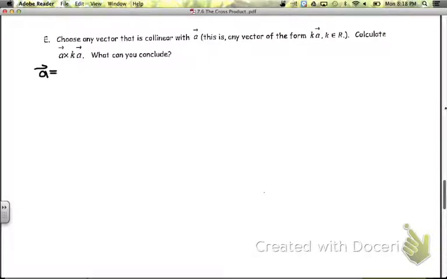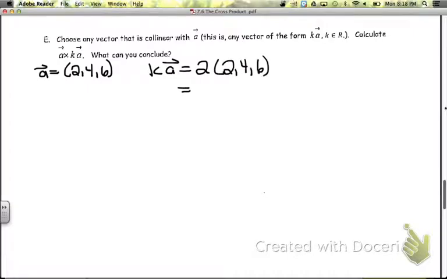So remember, our vector A is 2, 4, 6. And then looking at our kA, let's choose 2 for k, times our 2, 4, 6. So this would be equal to 4, 8, 12. So now let's look at the cross product between the two.